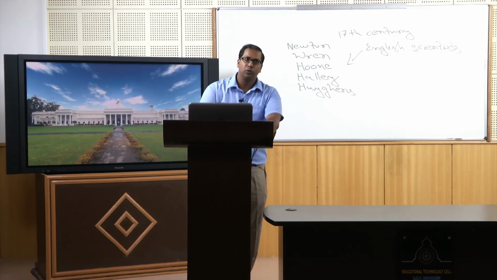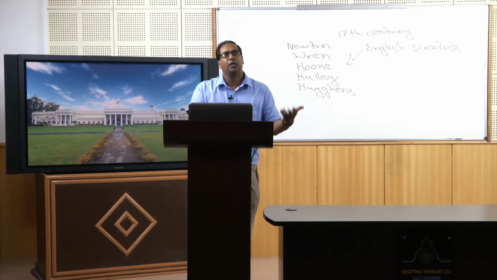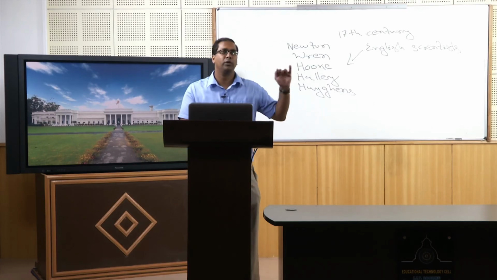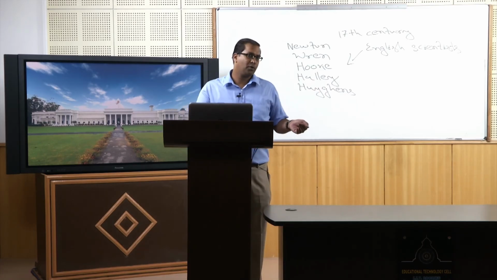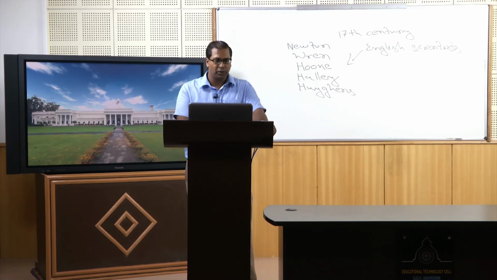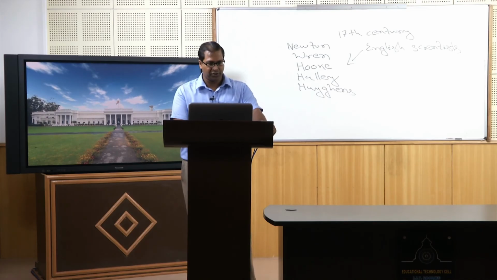They also tried to solve the problem of inland transport. They wanted to have faster inland transport. Not only were they looking to improve their sea transport, but they were also trying to improve their inland transport, and that led to more scientific investigation.